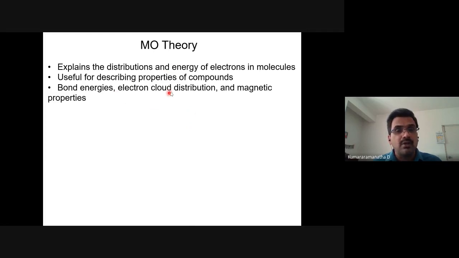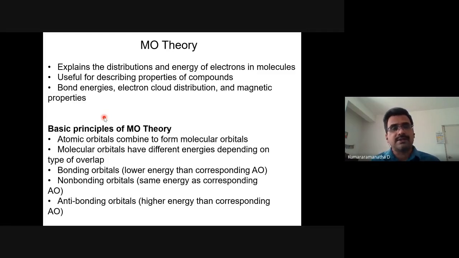Since it is a probability of finding electrons, you call it a cloud. Magnetic aspects of some molecules will also be discussed in coming classes. In today's class, we shall discuss some important postulates. Later, if someone has any clarifications, we can discuss that.